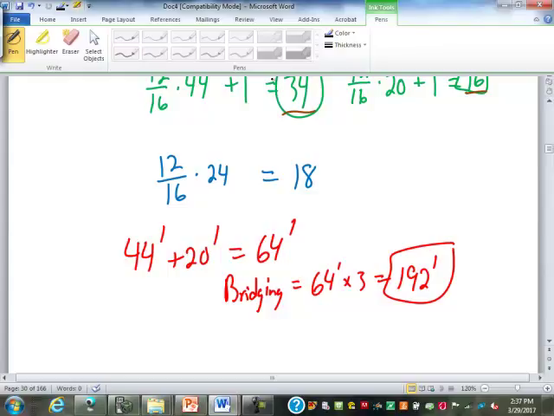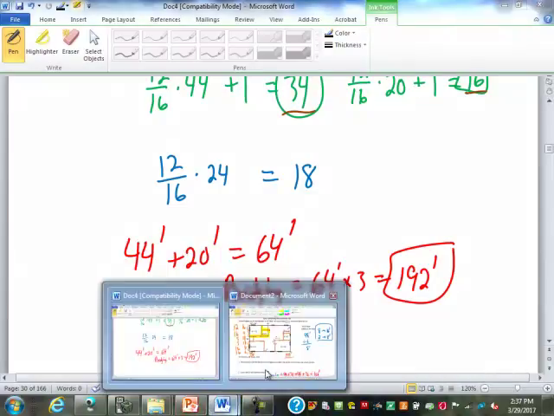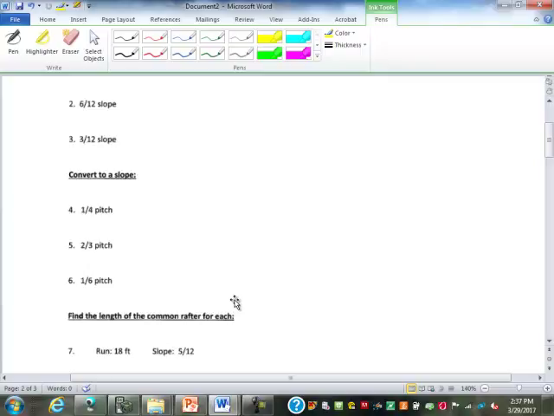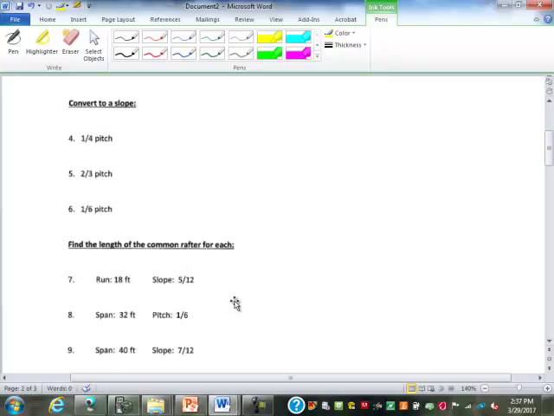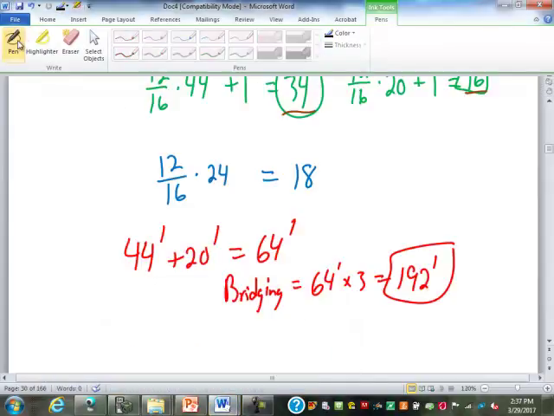The next thing I want to talk about today, we want to talk about slope and pitch. There is a difference between slope and pitch when we talk about a roof. A lot of people, and many contractors I know included, use those terms interchangeably.